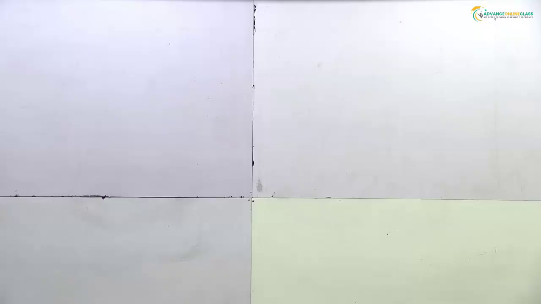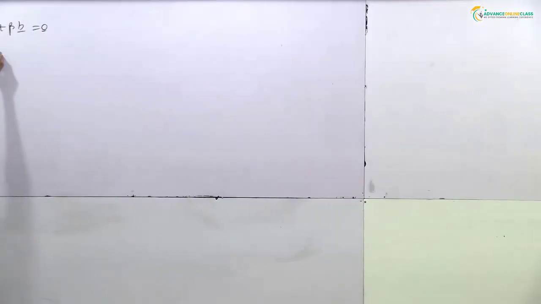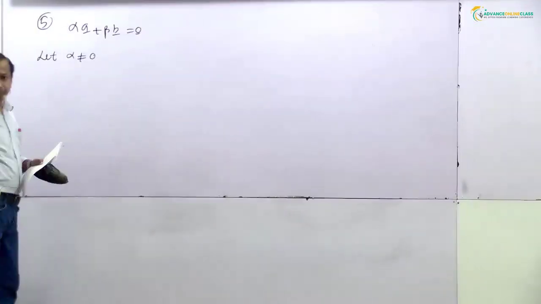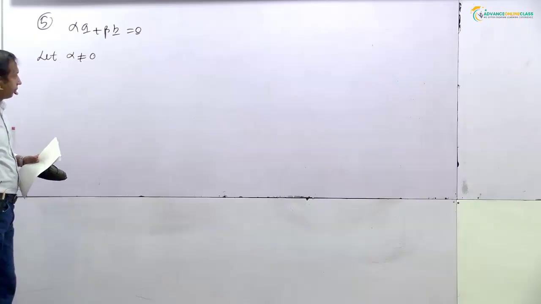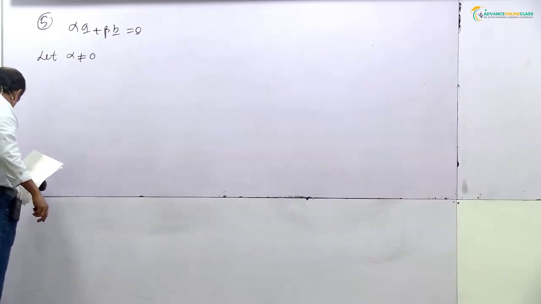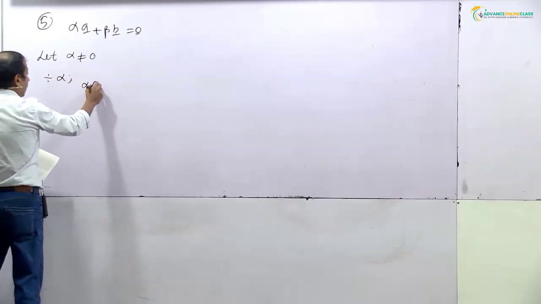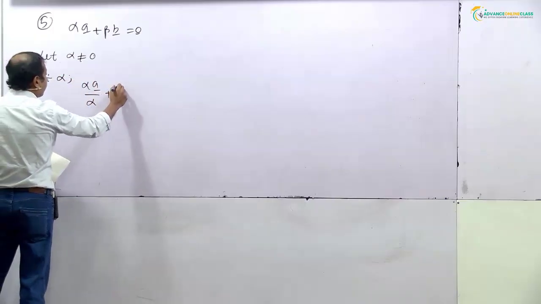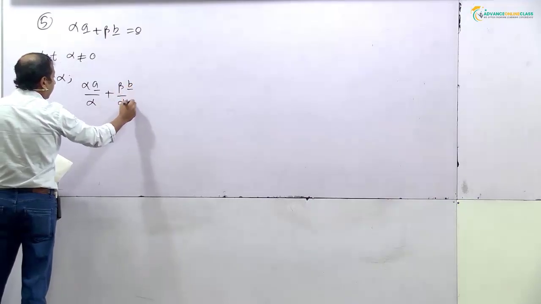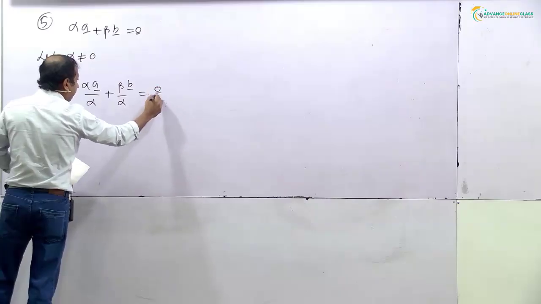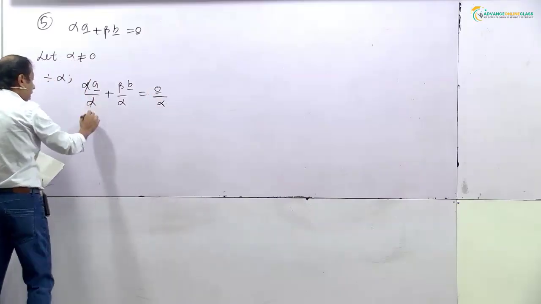We assume alpha not equal 0. Since alpha not equal 0, we can divide this by alpha: alpha A divided by alpha, plus beta B divided by alpha, equals the zero vector divided by alpha. These two you can cancel down.